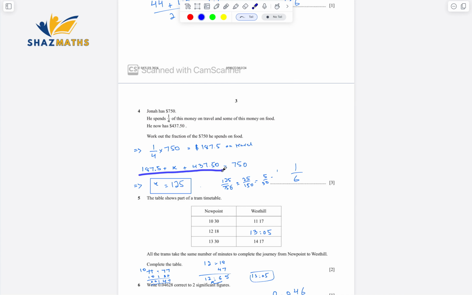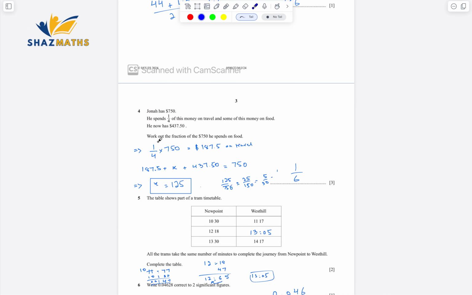That's 437.50. All of these together should equal the initial amount that he had. So X would be equal to 750 minus 437.5 minus 187.5, and that equals 125. So $125. But it says work out the fraction of 750 he spends on food.